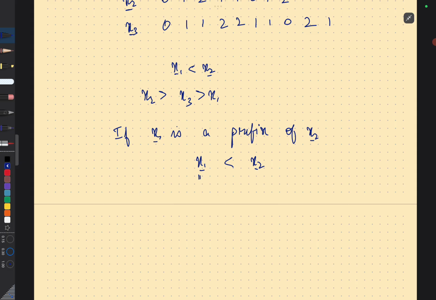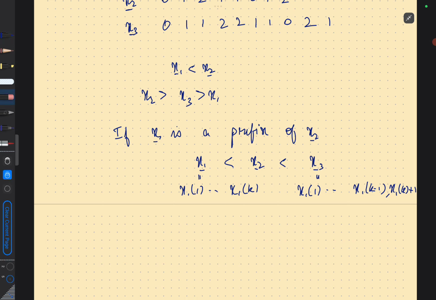And in particular, suppose x1 has x1 of 1 up to x1 of k. Maybe x1 is a k-length sequence. Then x2 is going to be less than x3, which is equal to x1 of 1 up to x1 of k minus 1, where the first k minus 1 symbols are the same, but the kth symbol is incremented by 1.